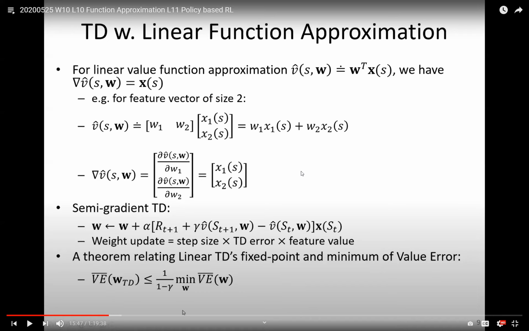So this semi-gradient is for the linear function approximation, where when you take a derivative, you're ignoring the target. Ignoring that the target is a function of W, as well as the function being estimated. So the target is a moving target.